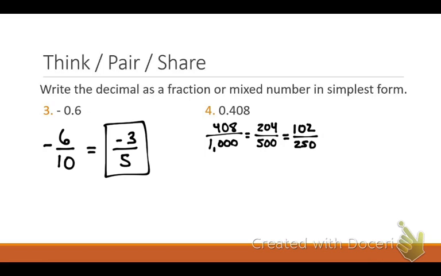Looking at the end, are they still even? Yes. Let's divide it again by 2. What's half of 102? 51. What is half of 250? 125.